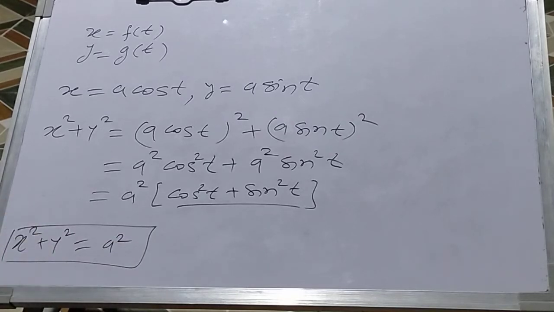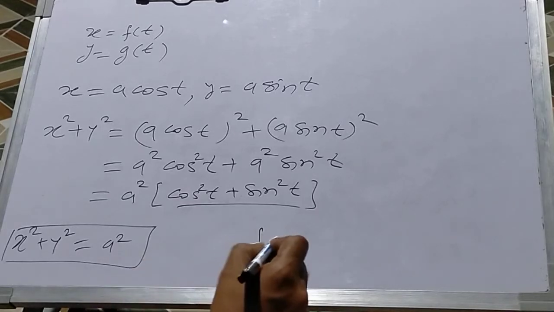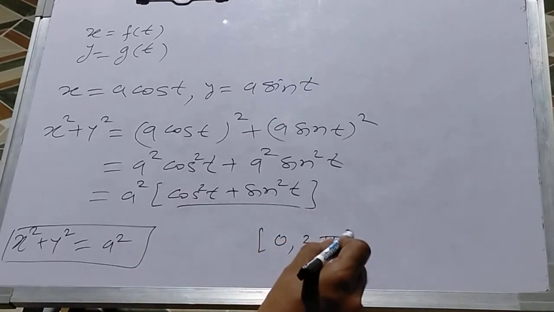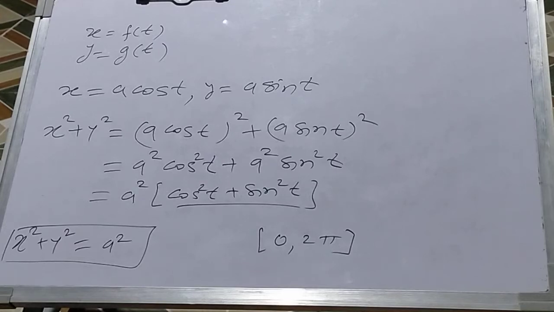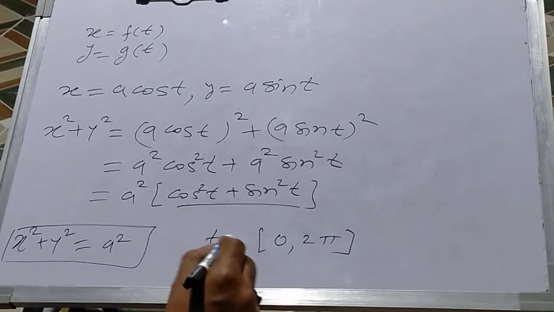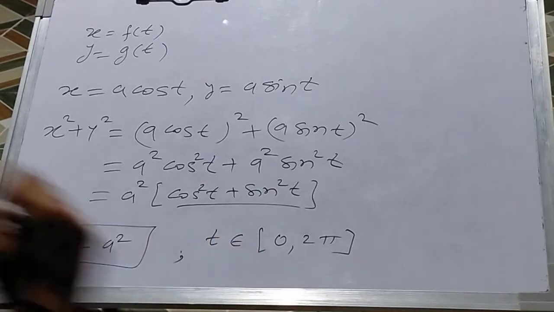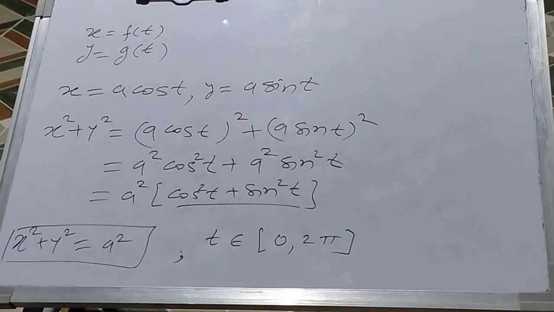This represents the equation of a circle of radius a with center at origin, and the domain of t is the closed interval 0 to twice of pi. It means t belongs to the closed interval 0 to twice of pi.